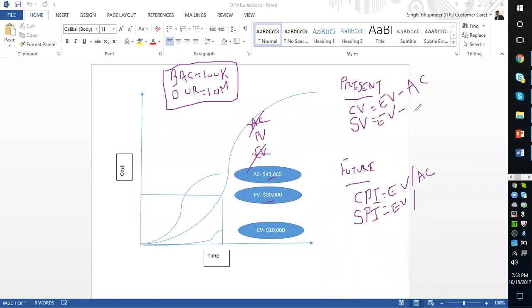So I'm just going to plug in the planned value here and planned value here as well, right? So we have got the formulas completed. Let me do this again just to ensure that we got all the formulas. Right. So present, everything starts with, first of all, earned value.